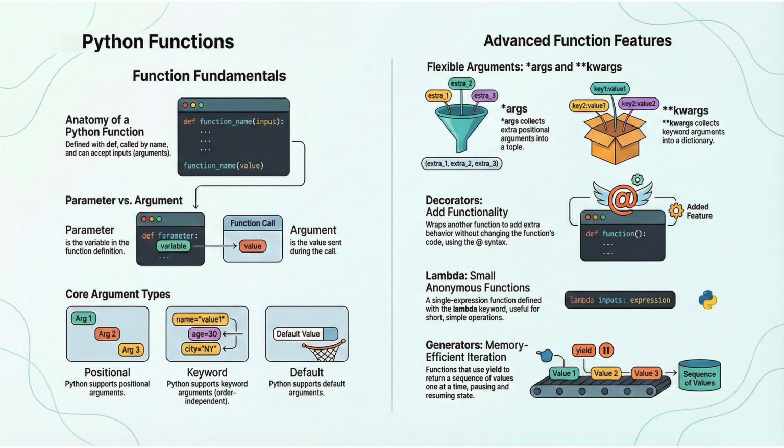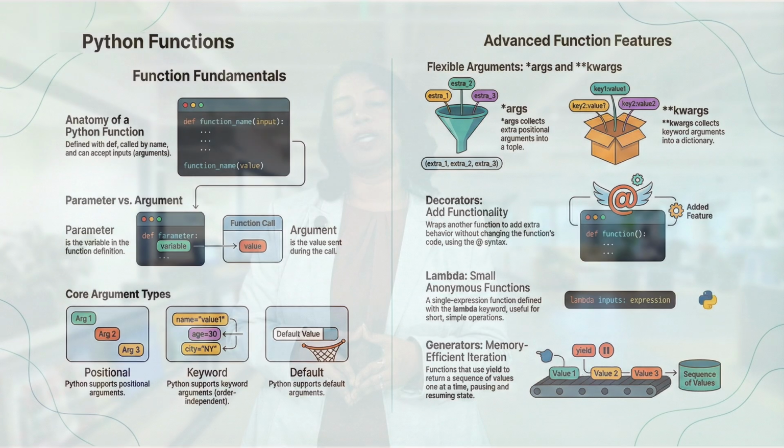The slide then moves to the advanced function features. It explains how *args and **kwargs allow functions to accept a flexible number of inputs. Finally, it covers lambda functions for short operations and recursive functions, which need a base case to avoid an infinite loop.